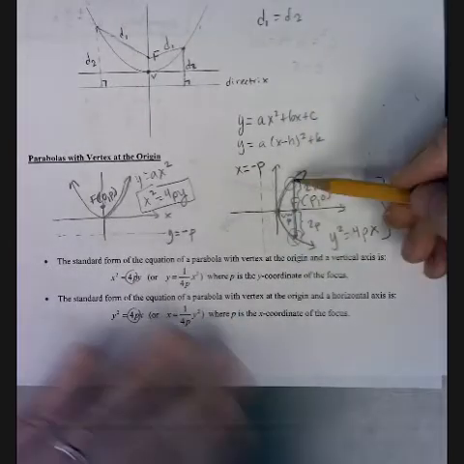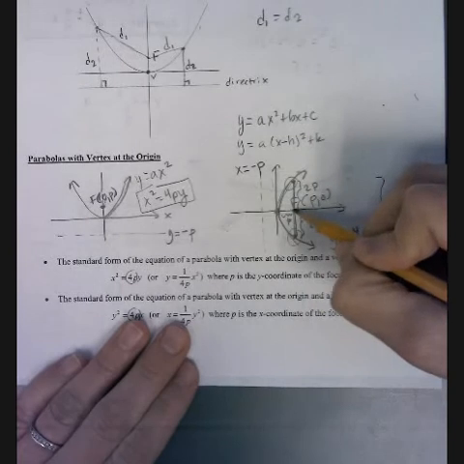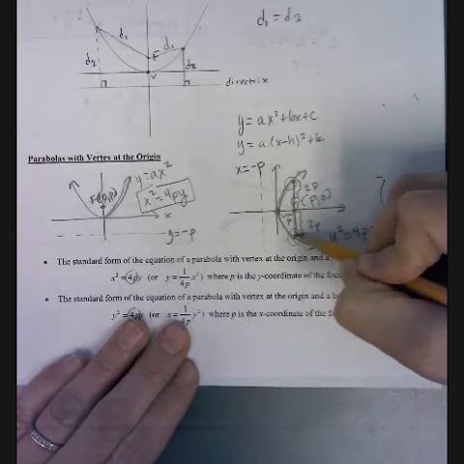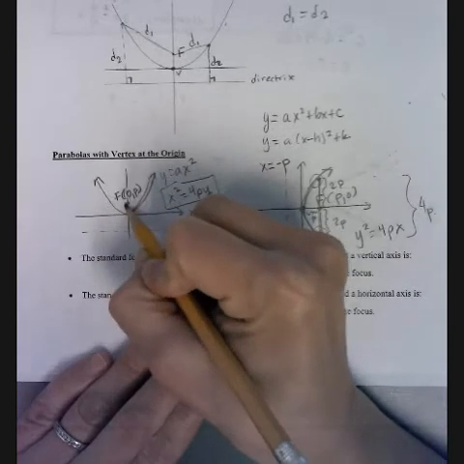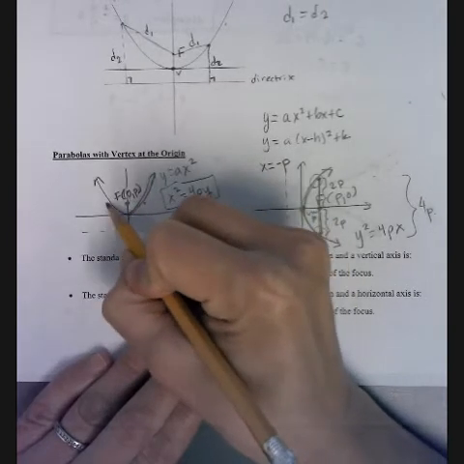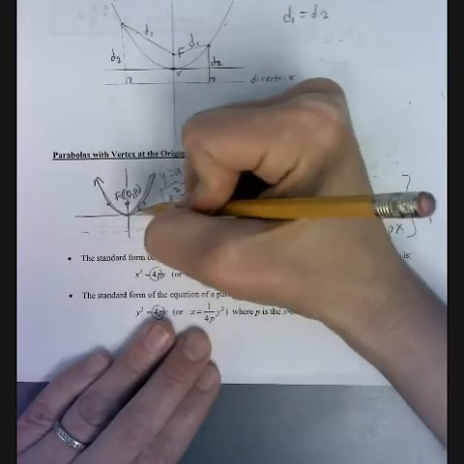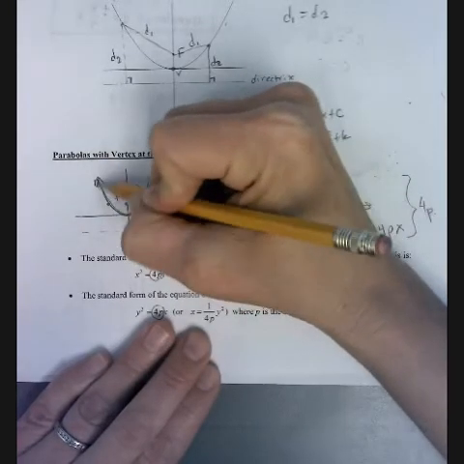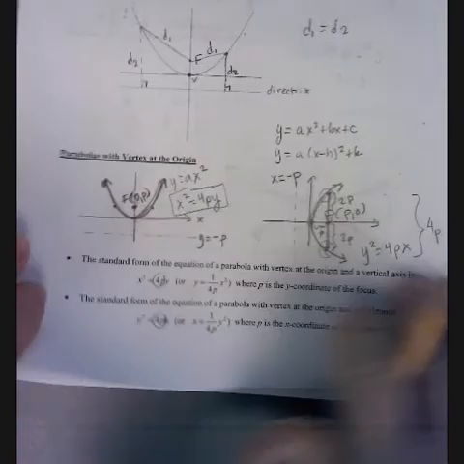So the length of the latus rectum is 4p. But the main thing is this length here: double it, go up that many units, down that many units, or if this is p, go to the right that many units. You can see my graph isn't very good. And to the left that many units, and you'll get 2 points that will help you get the correct width of the parabola.